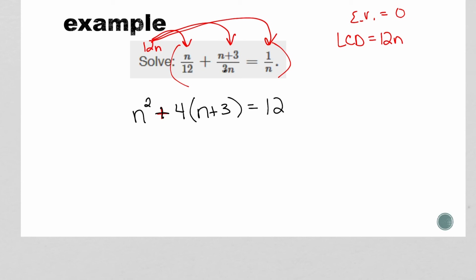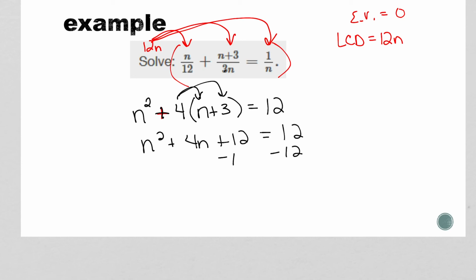Now, okay, so let's distribute. n squared plus 4n plus 12 is equal to 12. Now, let's subtract 12 from both sides. So I've got n squared plus 4n is equal to 0.